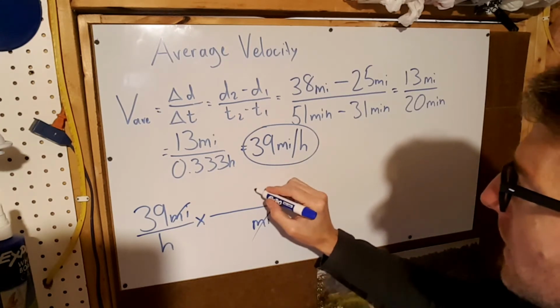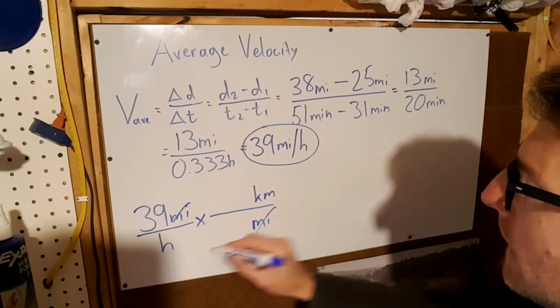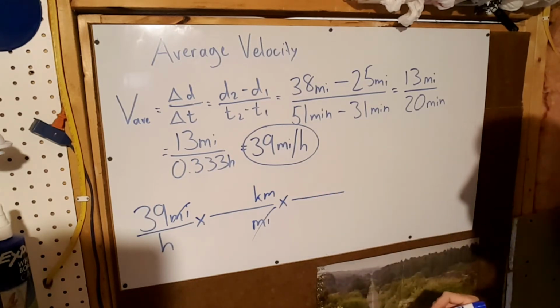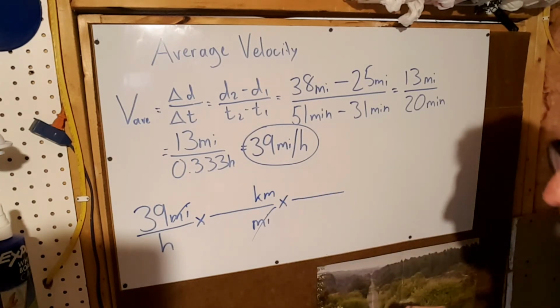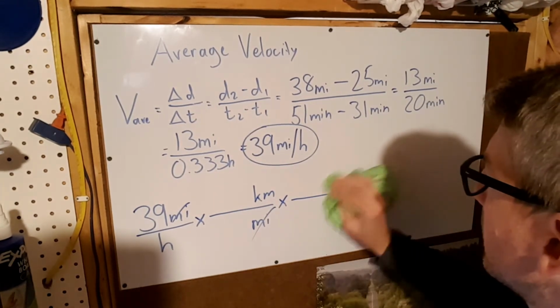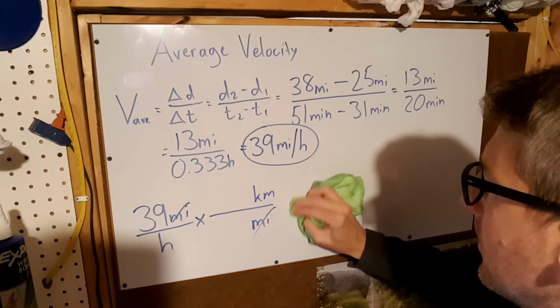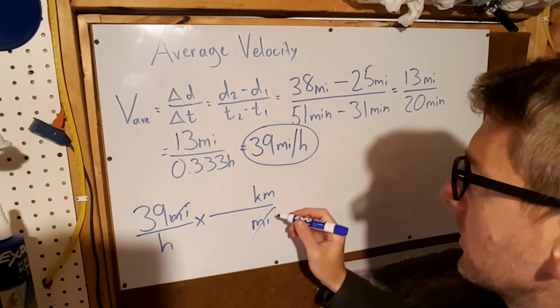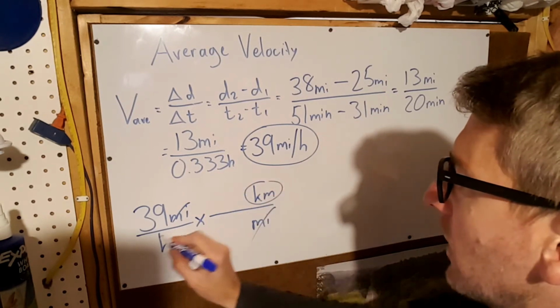And I want to go from miles to kilometers. And hours is another one I have to deal with. So I have to make another fraction symbol. And nope, I don't need to because it's already in hours. Why would I need to convert that? That's just silly. So it's all set. All you have to do is convert the miles to kilometers and you're good to go.